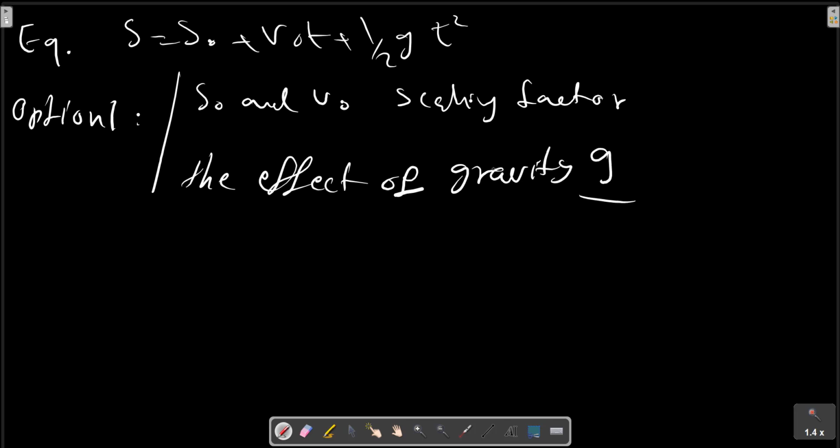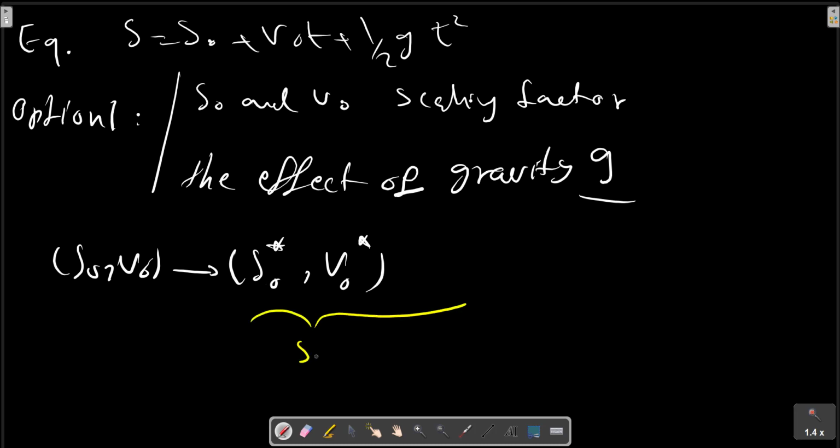First, use the scaling parameters S0 star and V0 star. They are scaled parameters. There is only one suitable definition for each.